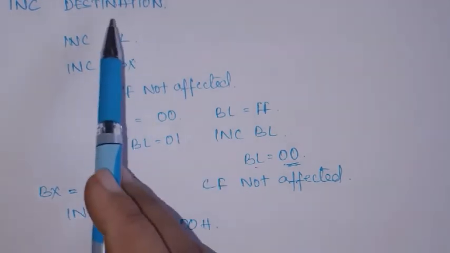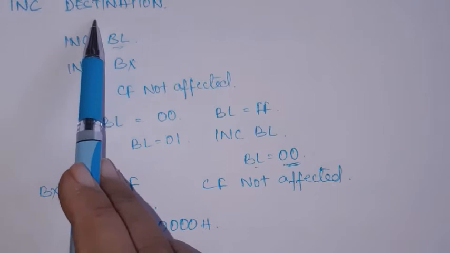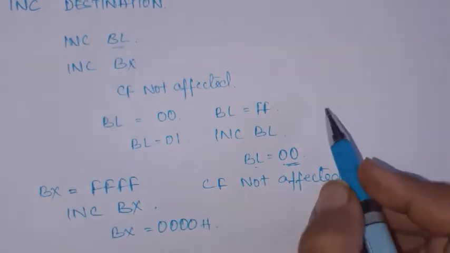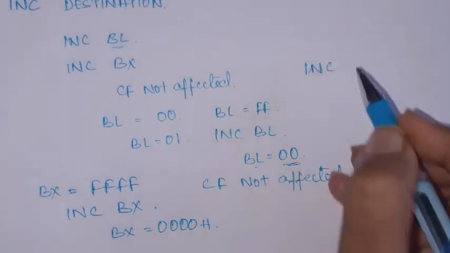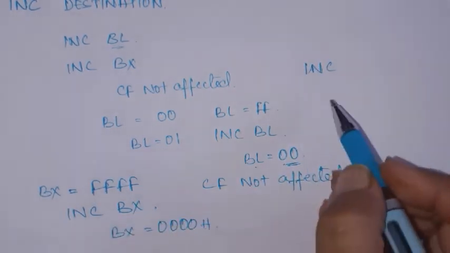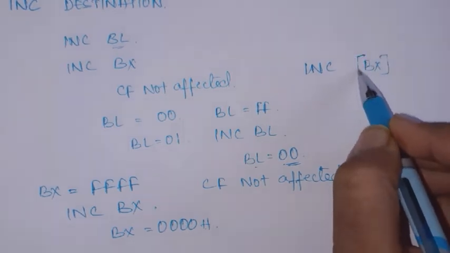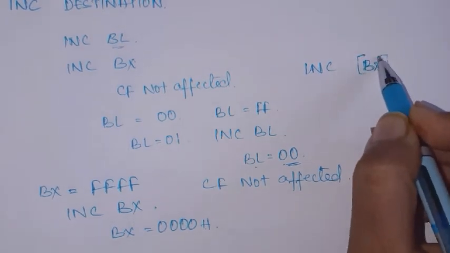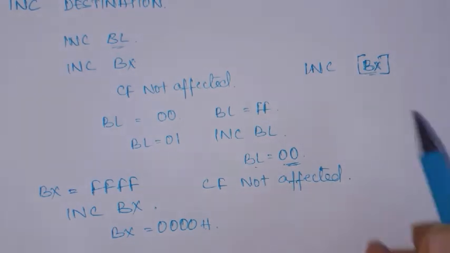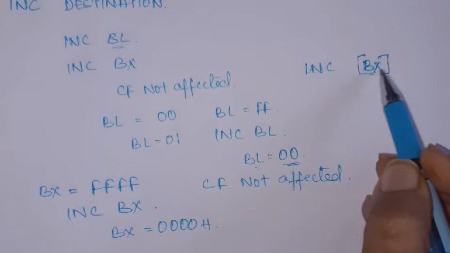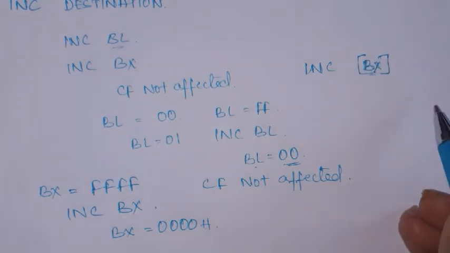It just increments the contents of the register or memory location specified in the instruction by 1. Here the destination can be a memory location also. I can say increment [BX]. So what are the BX contents here? This will be the address. The contents of this memory location are to be incremented.